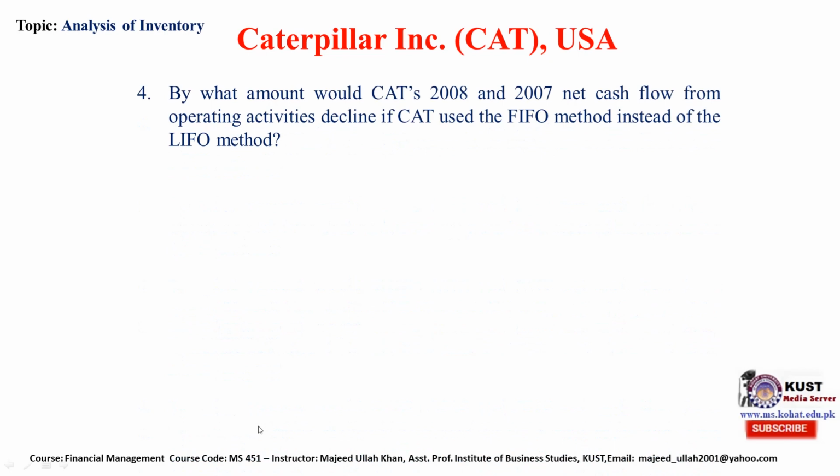Fourth requirement, what will happen to the net cash flow from operating activities if it used the FIFO method instead of the LIFO method? It means we will calculate net cash flow as well.